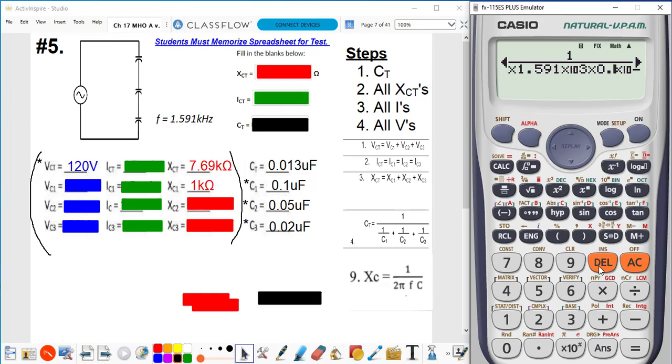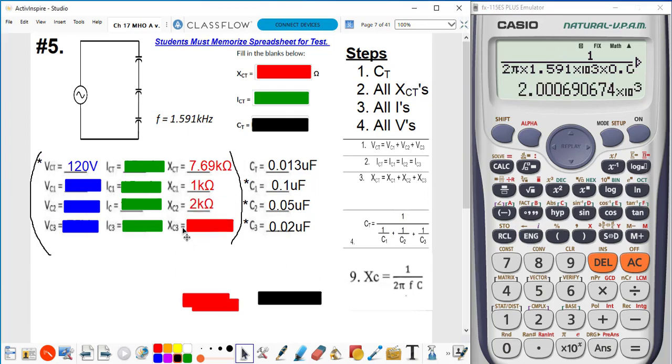We're going to change it to 0.05. Gives us a value of 2K ohms. To find XC3, go up, change this value to C3, 0.02, 5K ohms. And understand that 1 plus 2 plus 5 is 8, but there's a little bit of a rounding situation because we did not use all of the decimal places on each one of our capacitors, so that's close enough.